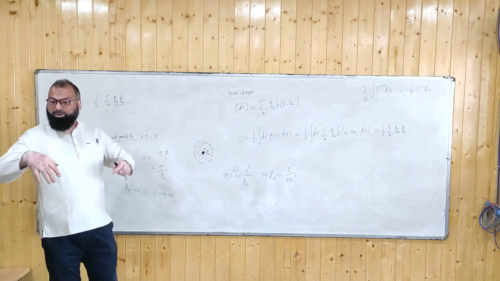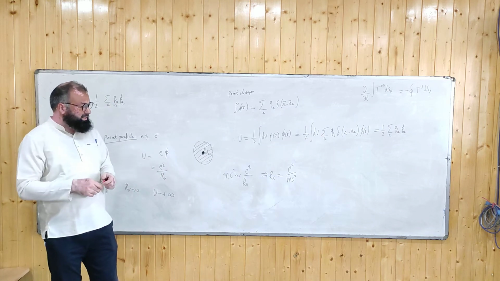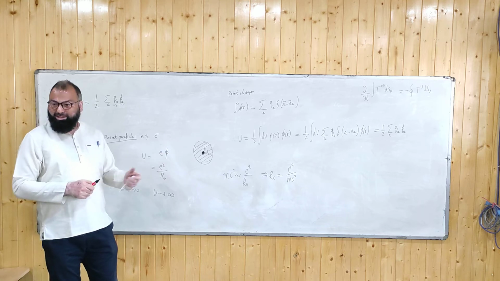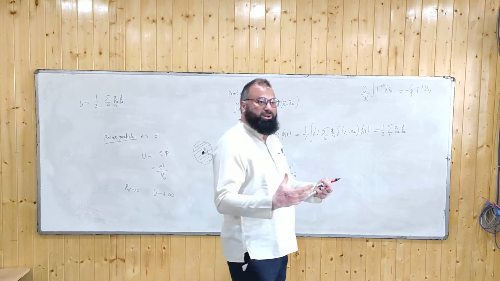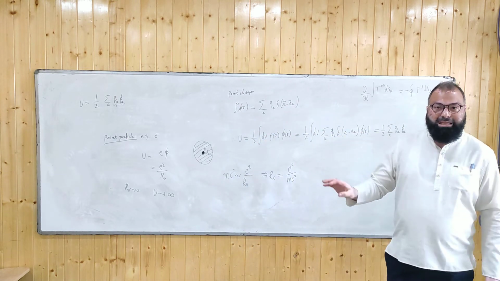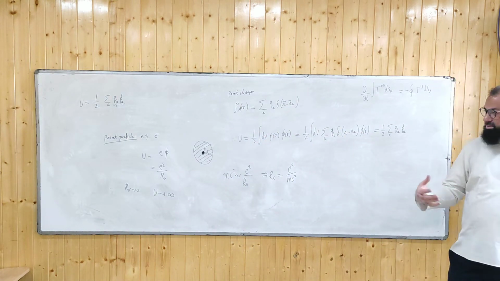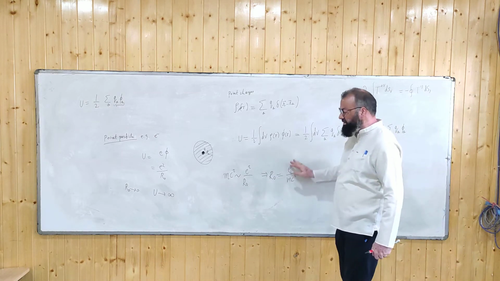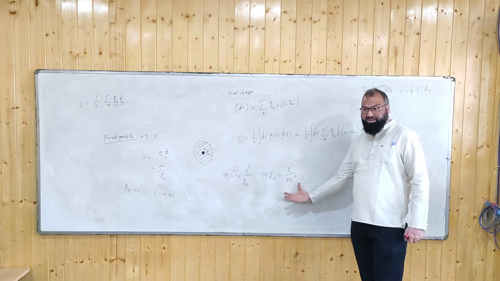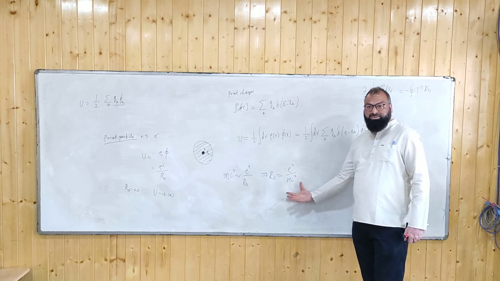Samajh? If you go beyond this radius, e square by mc square, this much of radius, then quantum effects emerge. So for a given electron, the field produced by the electron, classical electrodynamics gives you valid results only till this. So this is actually the finite extension, is it? Samajh?